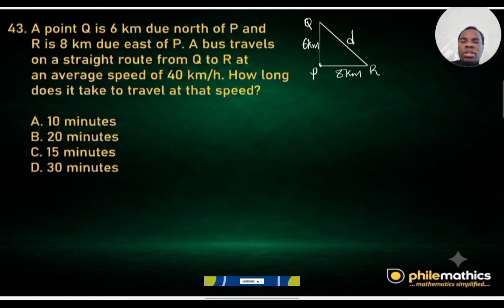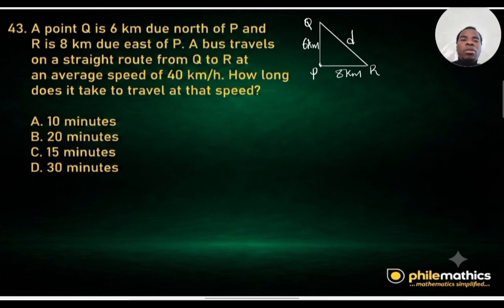A Pythagorean triple is 3 numbers such that the squares of the first and the second summed together give the square of the third. For instance, 3, 4, 5 is a Pythagorean triple because 3 squared plus 4 squared gives 5 squared. 6, 8, 10. Any multiple of a Pythagorean triple is a Pythagorean triple. I mean, 5, 12, 13 is also there, and a lot of them.